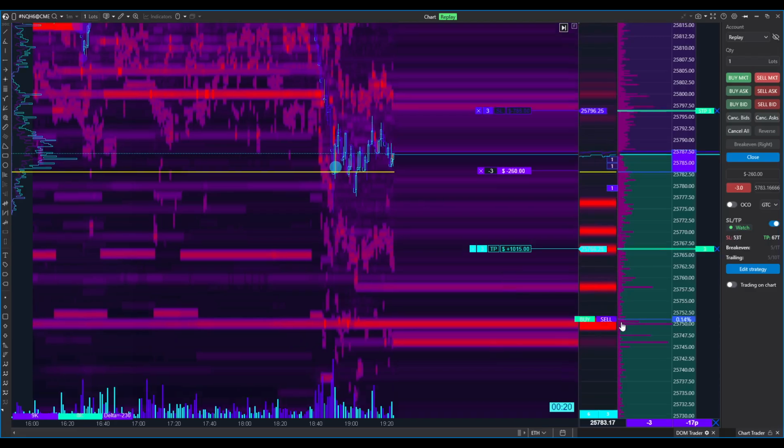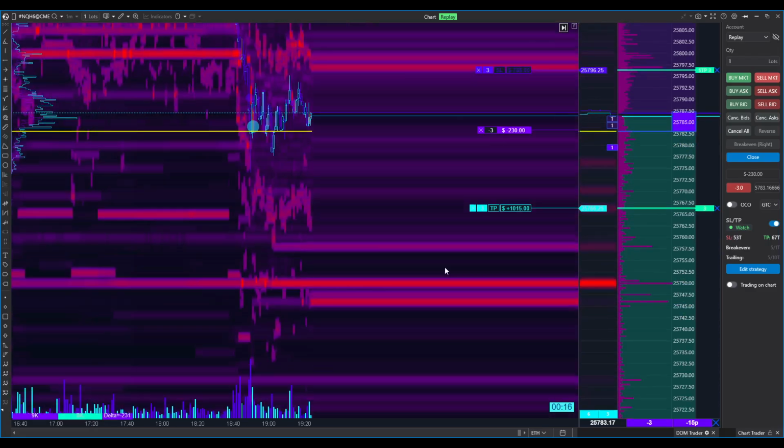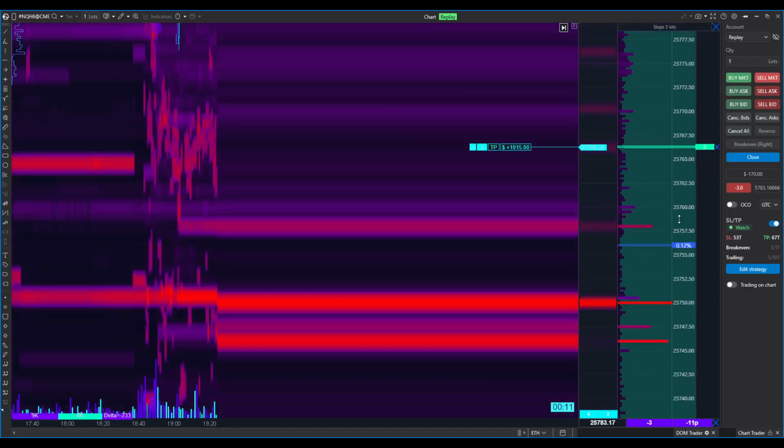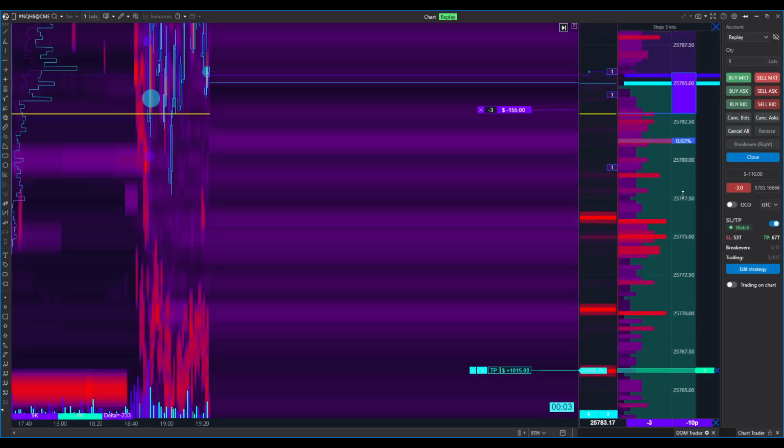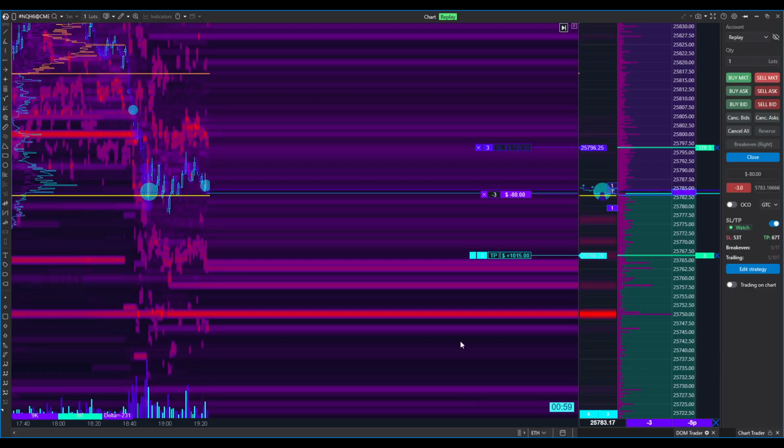So there's a nice beefy area of liquidity. Let's see what that says. Whoops, I got autocorrect on my screen here.